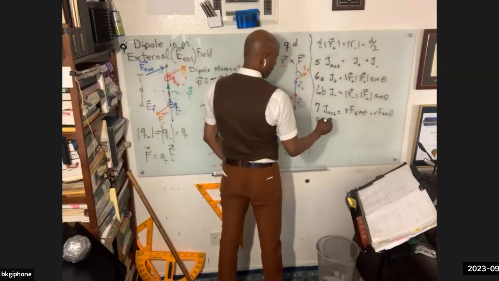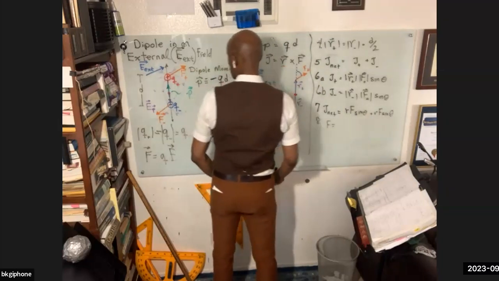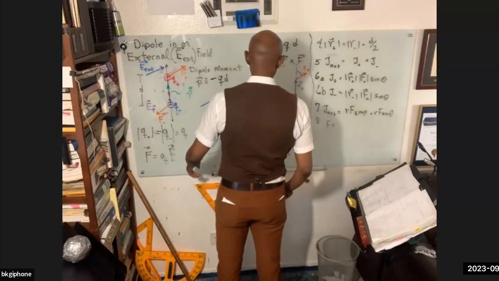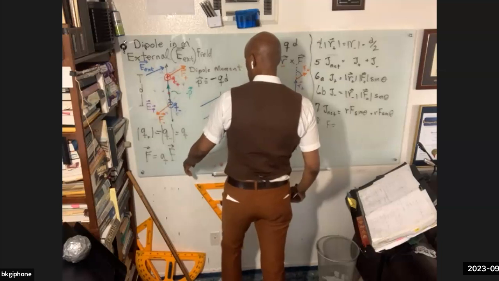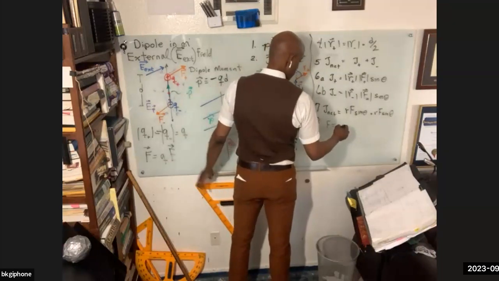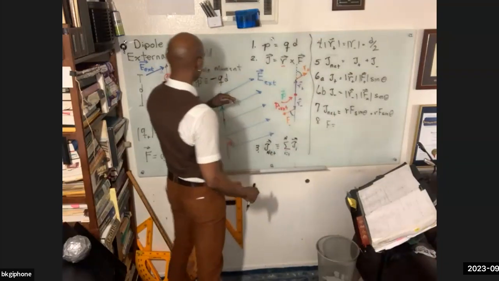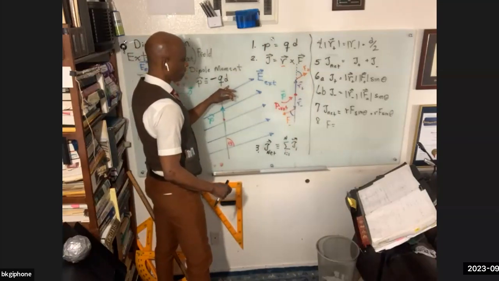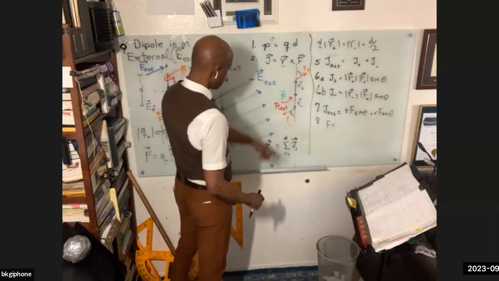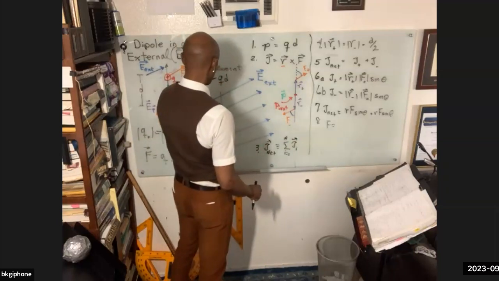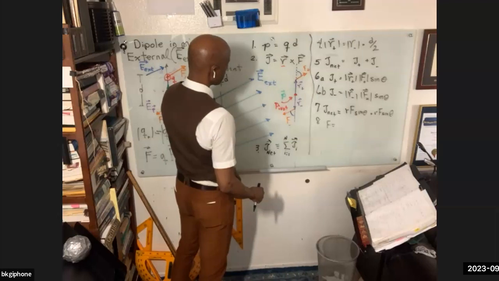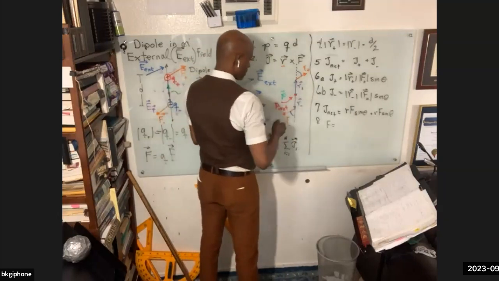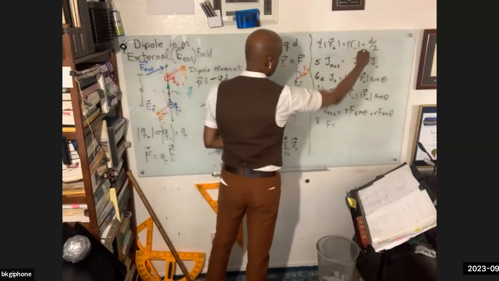Remember that F is equal to QE, and R is equal to, sorry, did I erase it already? I think I had it over here someplace. R is equal to D over 2. So this R plus here, oh no, it's right here. R is equal to D over 2.